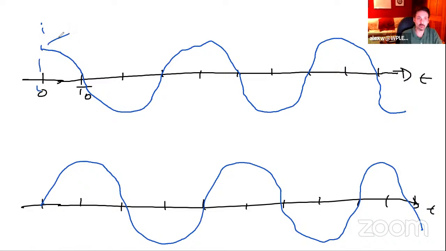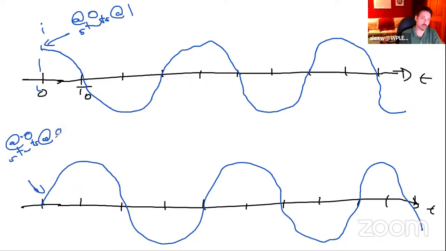Here at 0 cosine starts at 1, and at 0 sine starts at 0.